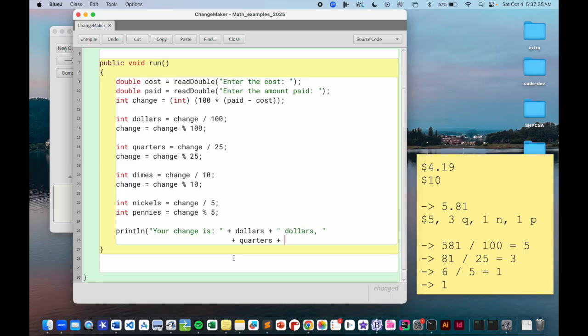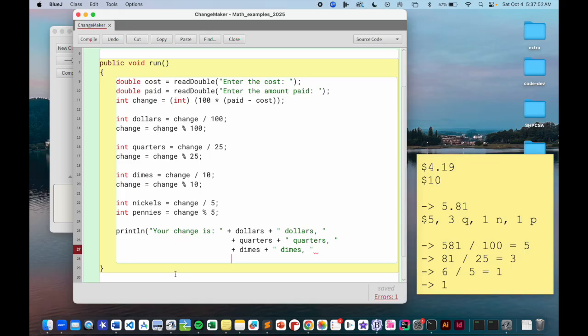Quarters, dimes, nickels, and we're almost there. Pennies. There we go. We finally did it.